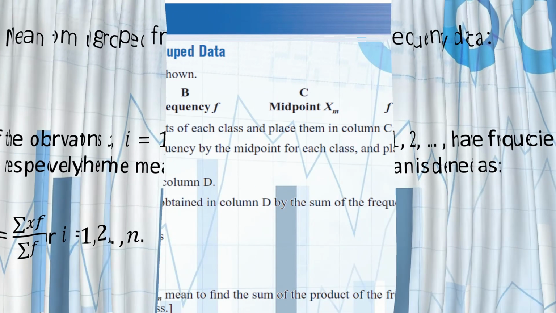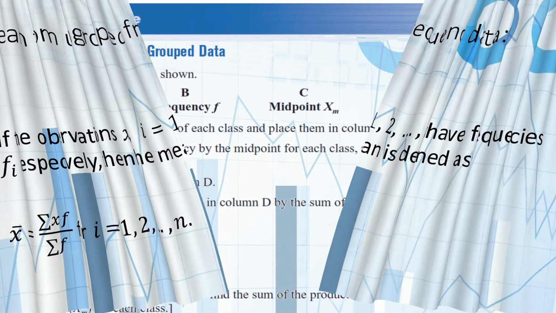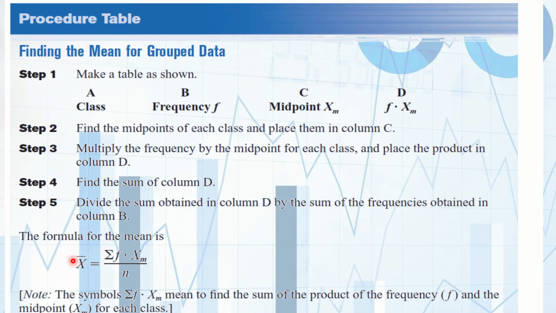What do we do when we have grouped data? We link grouped data with ungrouped frequency data and then find the mean. In the case of grouped data, we first find the midpoints of each class and consider those midpoints as the given observations, then multiply them with the frequencies as in the previous slide.